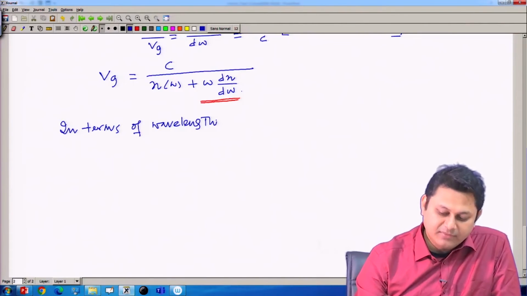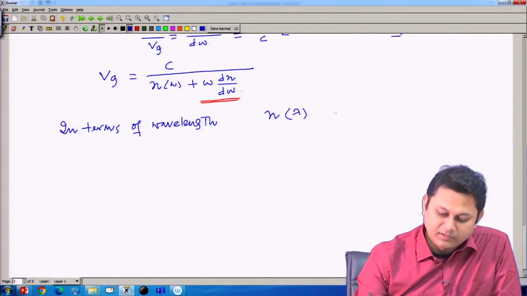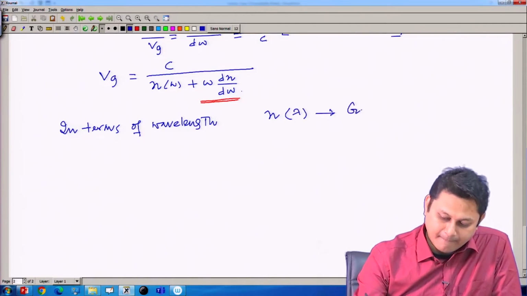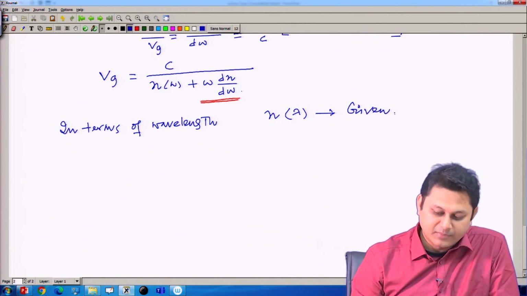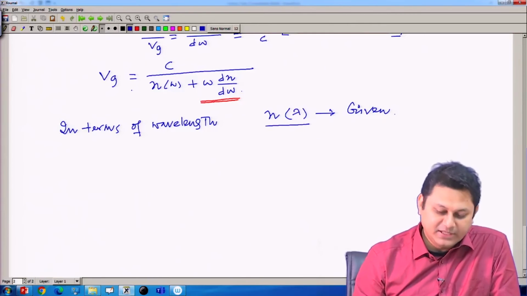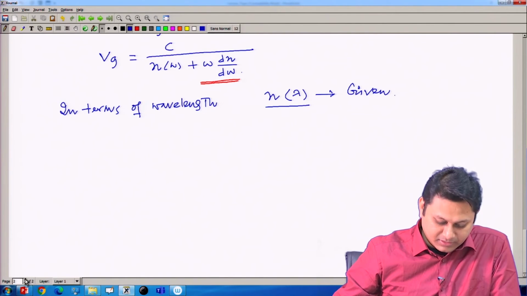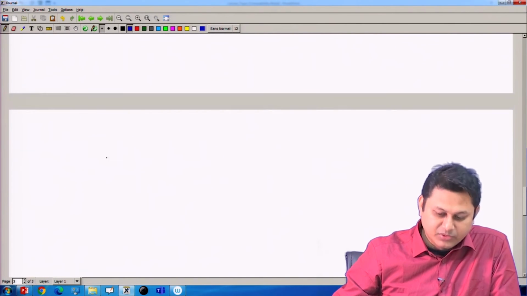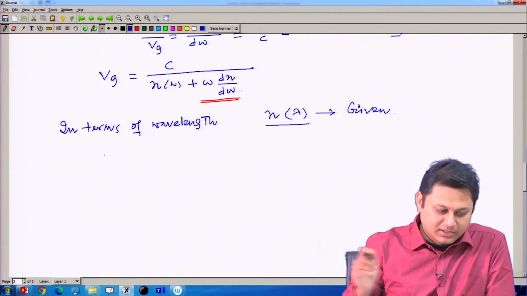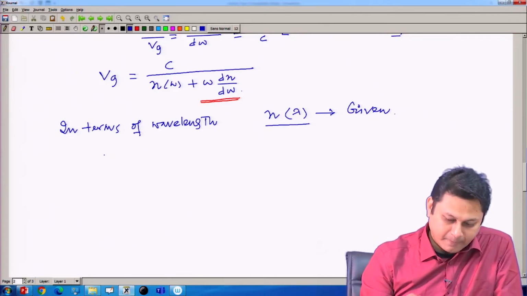Because n is normally given as a function of wavelength, n as a function of lambda, using Cauchy's law or the Sellmeier equation. n as a function of lambda is known. So, how the group velocity is going to change with respect to lambda is meaningful, because n as a function of lambda is given to us.